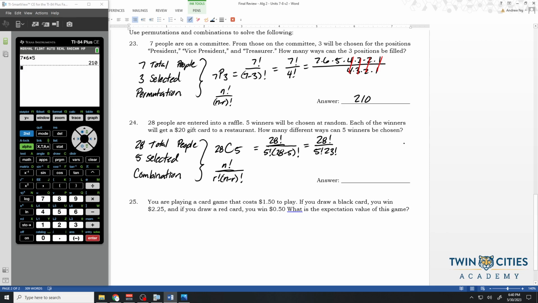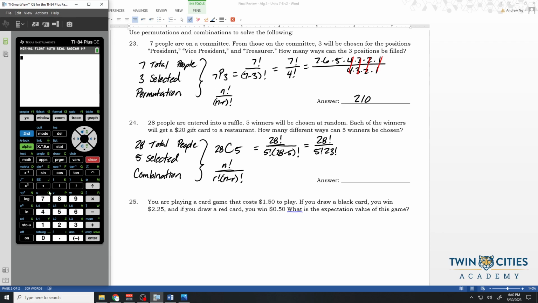When you've got 7 factorial over 4 factorial, that's not too bad. But here, I want something that's going to be a little faster. So I'm going to use my calculator. Here's how you do this, whether it's permutations or combinations. Put in your first number. So let's do 23 again, using the calculator.